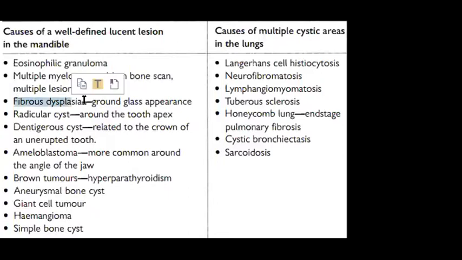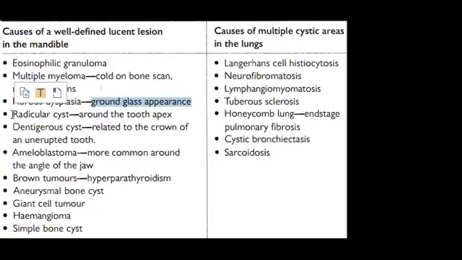Fibrous dysplasia has a characteristic ground glass appearance in the CT. Or the radicular cyst, it is around the tooth apex. The dentigerous cyst is related to the crown of an unerupted tooth. You remember this, the dentigerous cyst. Ameloblastoma is more common in the angle of the mandible.